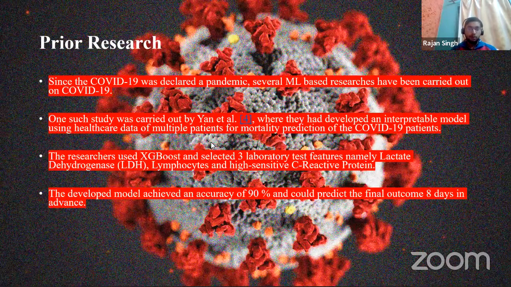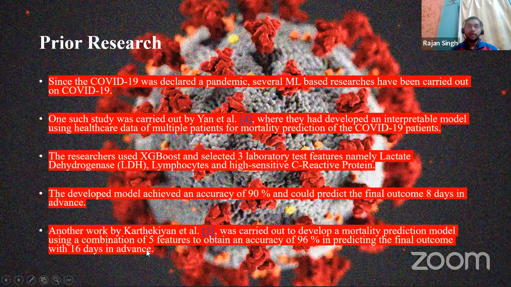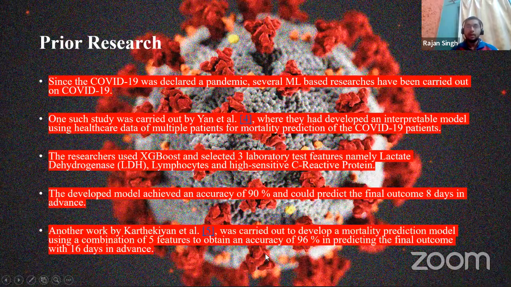Another work was carried out by Karthik et al., where they used 5 features to obtain an accuracy of 96%, and were able to predict the final outcome of the patient 16 days prior to the final outcome.